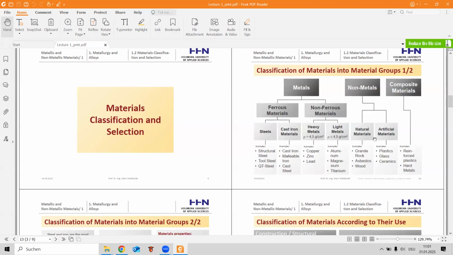The non-metals have two parts: natural and artificial materials. Natural are granite, rock, asbestos, wood, and artificial are plastics, glass, and ceramics. And we have composite material with reinforced plastics and metals.